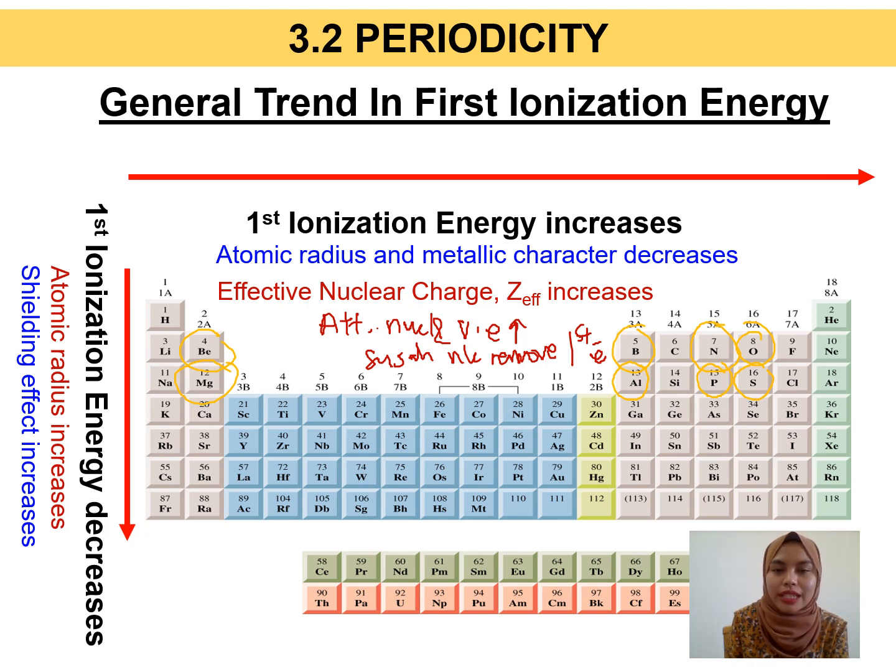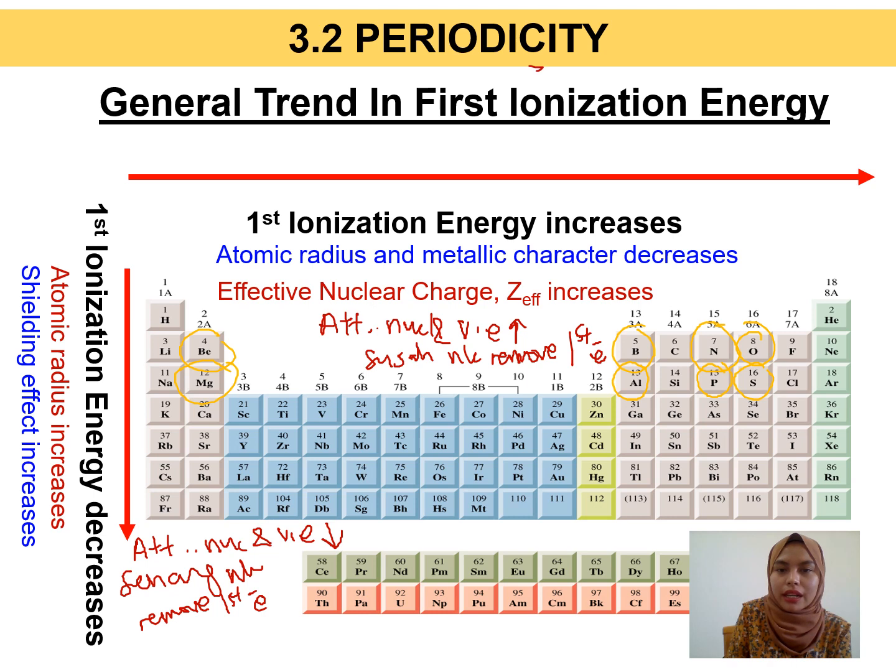Okay, so if you are going down the group, the atomic radius will increase. The size of the atom becomes bigger. Why? Because the shielding effect increases. When the shielding effect increases, you know that going down the group, the attraction between the nucleus and the valence electron becomes weaker, right? Weaker. So when the attraction is weaker, is it easy or difficult to remove an electron? It is easy to remove the electron. When it is easy to remove the first electron from the valence electron, the ionization energy will decrease.